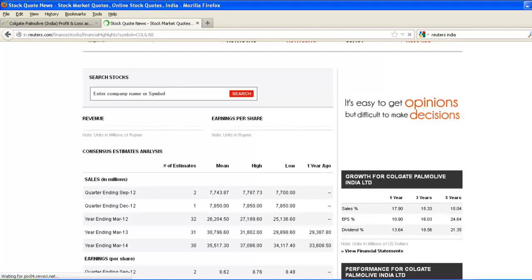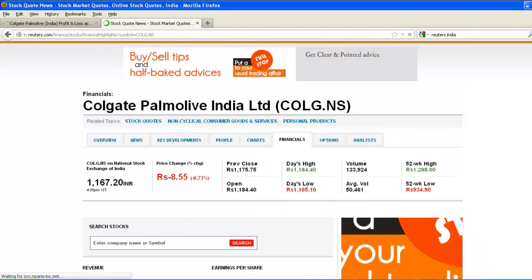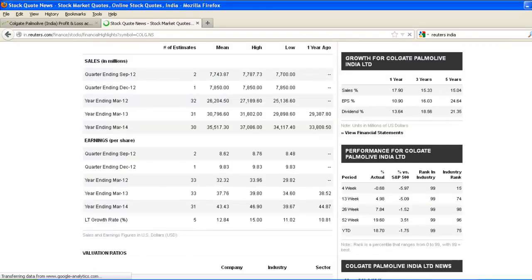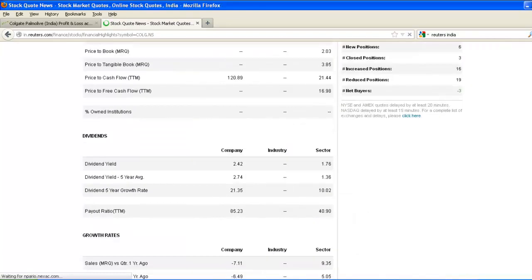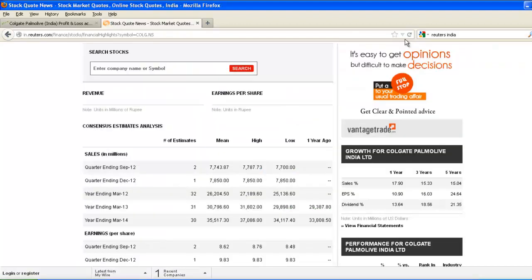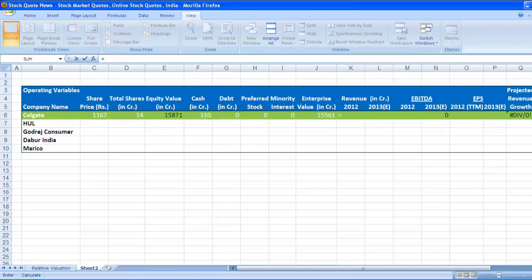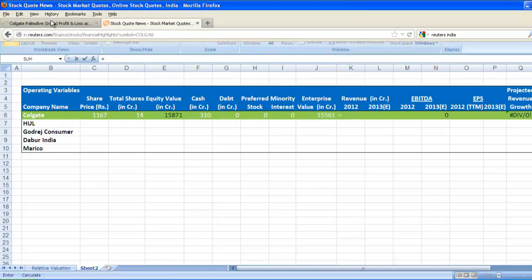Unfortunately, you do not have data for last year here. So consolidated figures are not available. That's okay. Revenue for 2012, we need to take this data from Money Control only.